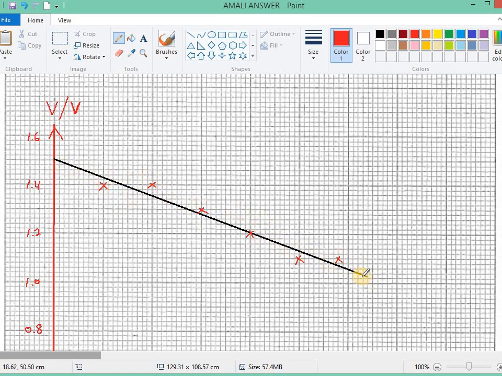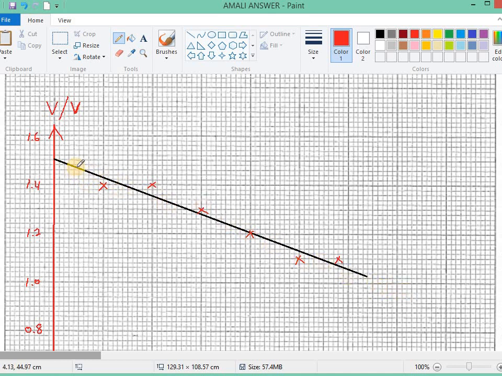After plotting, you draw the line. You see the line that I draw. Don't chase after the points. Don't think that the line must touch every point. No, don't think of it like that. The line must always show the pattern of the data, that means the progression of the data. You see the data is moving in this direction.